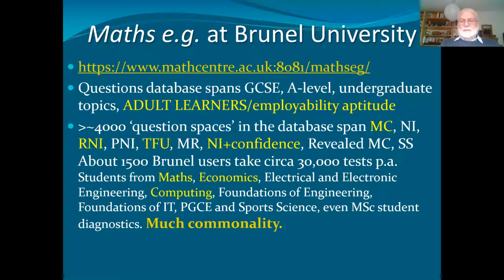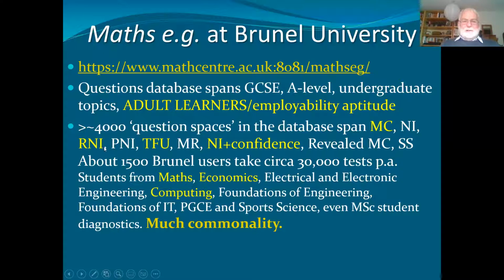So it checks, is their answer right? If it isn't, then it drops through to the next level: did they make this error? Did they make this error? Did they make this error? And eventually it drops through and says, I don't know what you've done, perhaps you're guessing. And the students throw up their hands and say, I was guessing, how did it know? They're rather surprised by that sometimes.